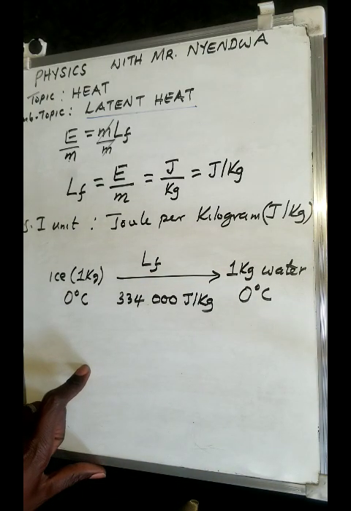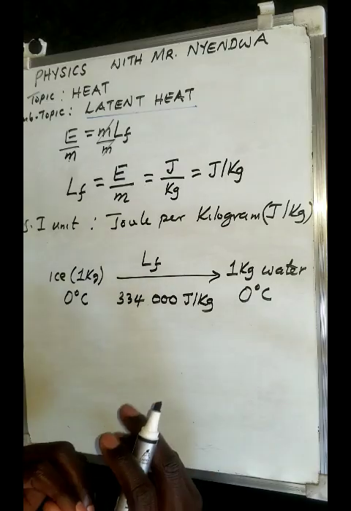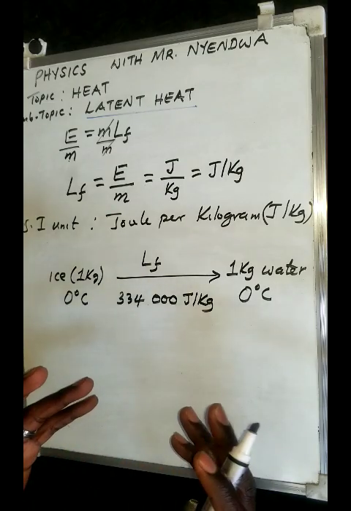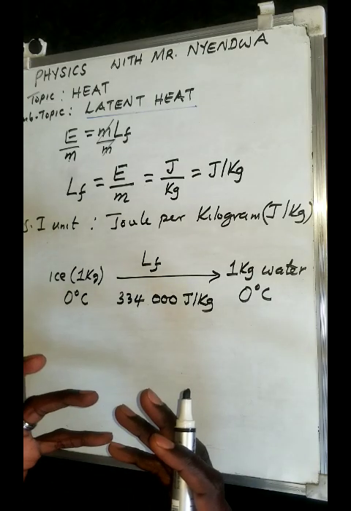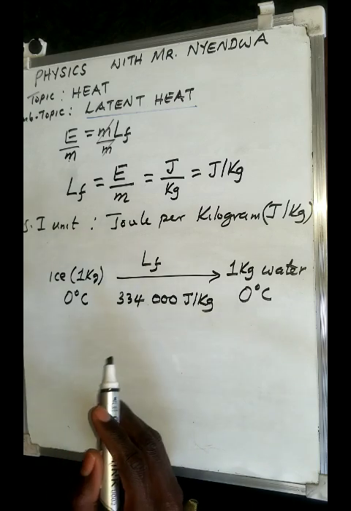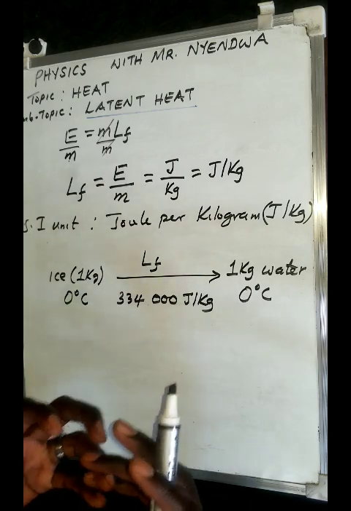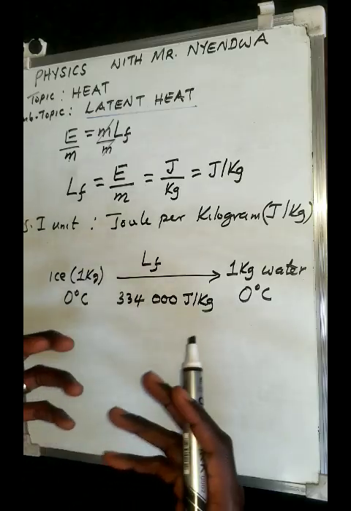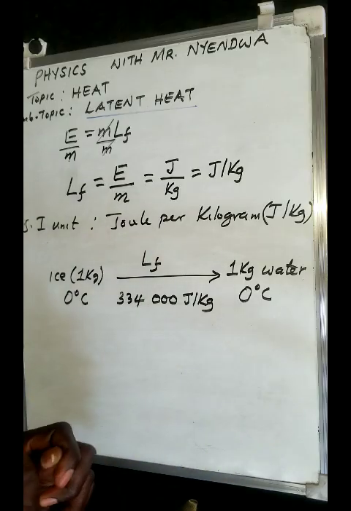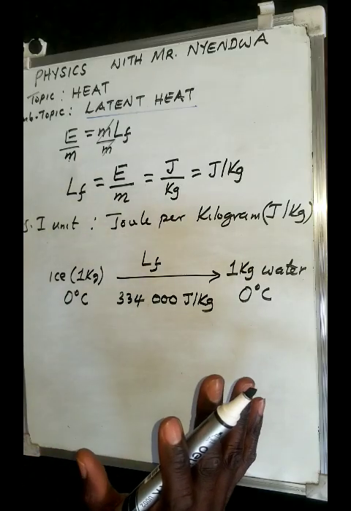But I want you to be clear again, when we talk about specific latent heat of fusion of a substance, it is the quantity of heat absorbed during melting, or the quantity of heat released during freezing, of 1 kg of a substance without any change in temperature.